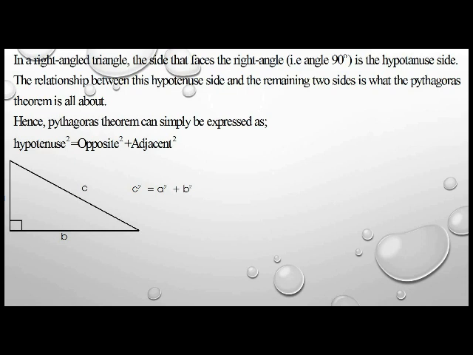If we take note of a right angle triangle which has a side C being the hypotenuse, because this is the side facing the right angle, the angle C is the hypotenuse. So let's assume an angle is formed here.